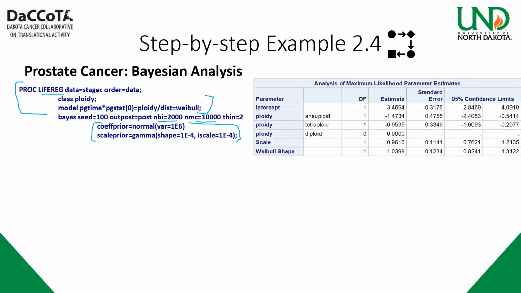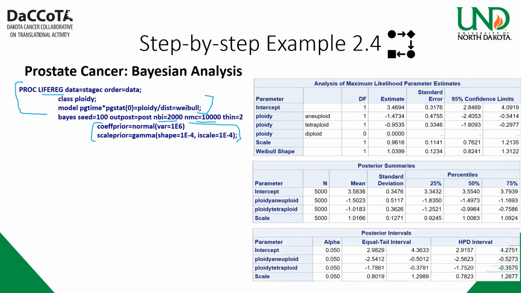Anyways, when we run this, we get maximum likelihood parameter estimates, posterior summaries, and posterior intervals. Bayesian analysis doesn't do p-values, so one way you can look to see if they're significant is these intervals.